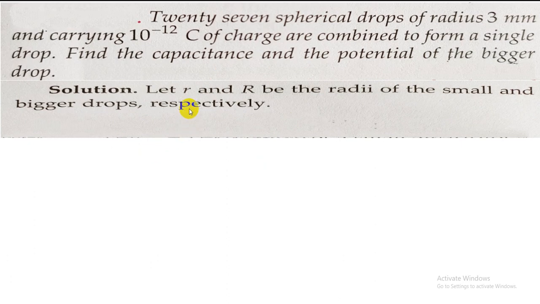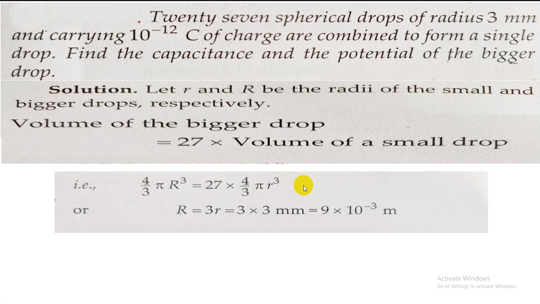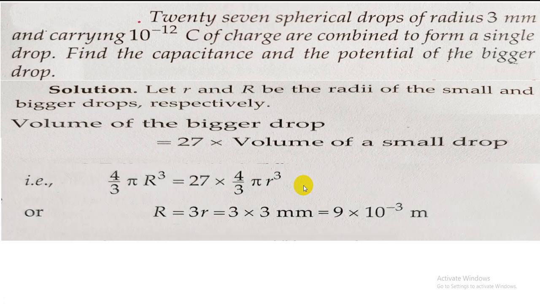First of all, let us consider small r and capital R to be the radii of the small and bigger drops respectively. Now the bigger drop is made up of 27 small drops, so the volume of the bigger drop will be 27 times the volume of the smaller drops. From this we can find a relation between capital R and small r.